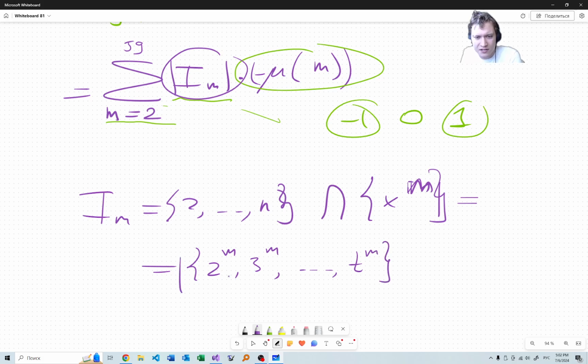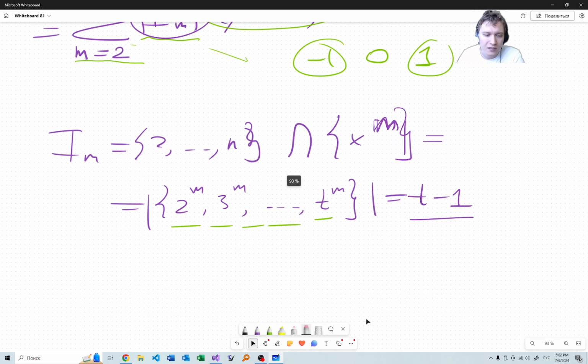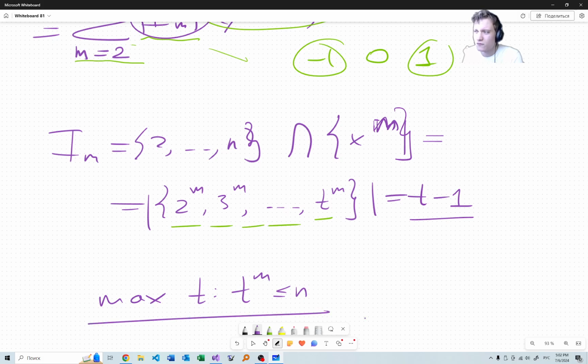And the size of this intersection is t minus 1. If the maximum mth power here is t to the power m, then the size of this intersection is t minus 1, because here are these t minus 1 numbers. If we also had 1 to the power m, there would be t of them. But as I said in the beginning, we ignore number 1. So we want the maximum number t such that t to the power m is at most n. This is what we want to calculate.